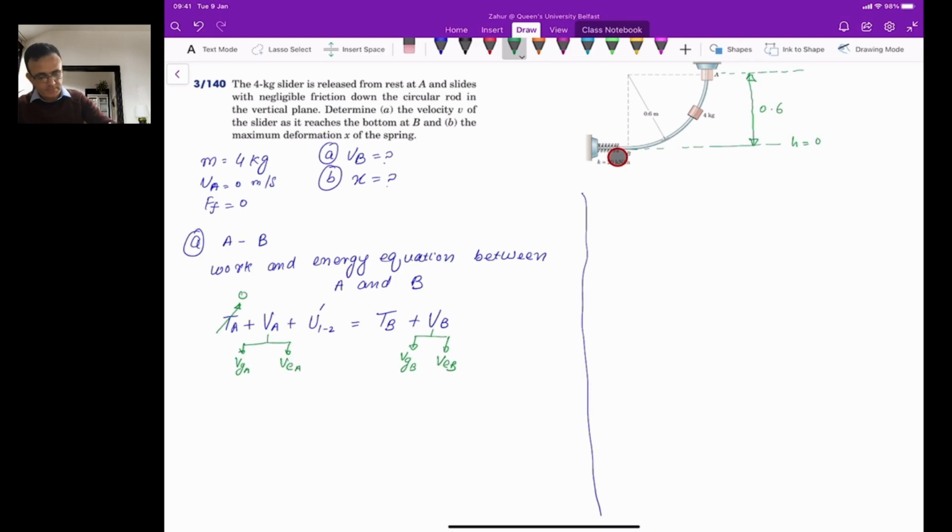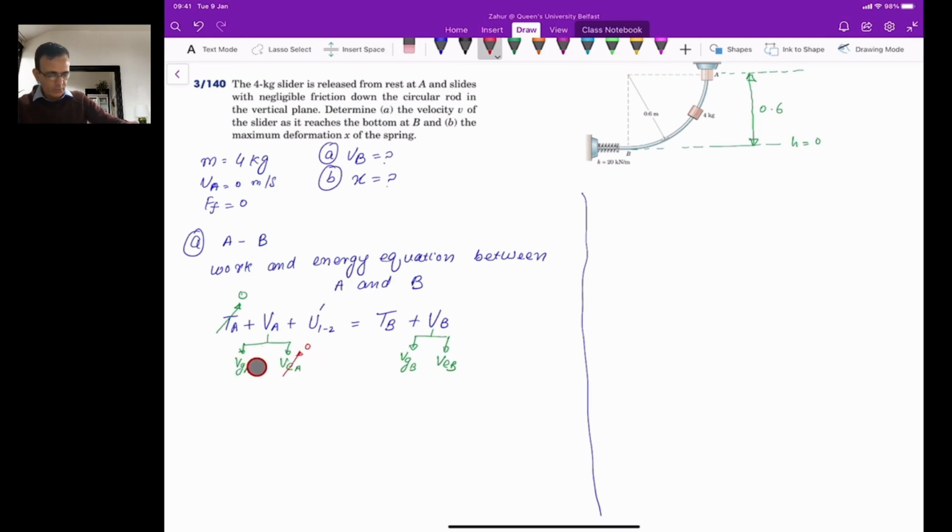So as you can see in this specific case, in location A there is no spring, so obviously the elastic potential energy will go to zero.